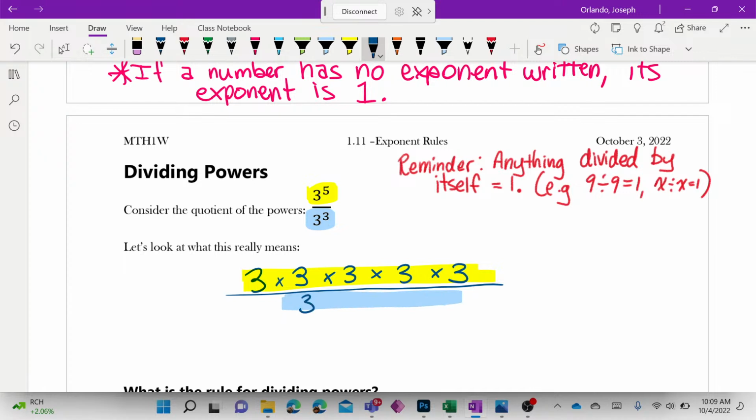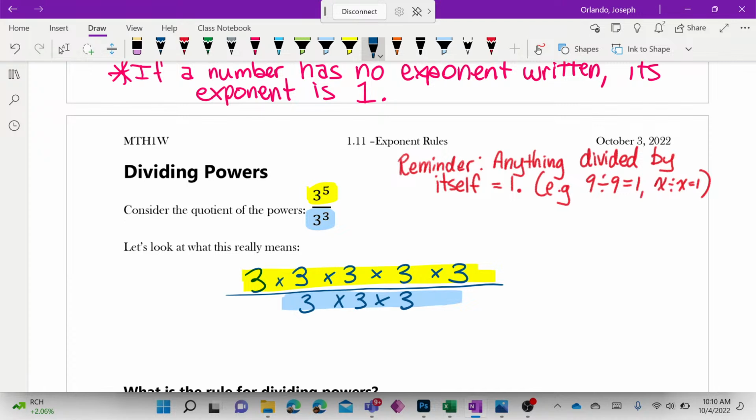Okay. Now, all we have here is multiplying and dividing. But multiplying and dividing you can do in any order you want, which means instead of going 3 times 3 times 3 times 3 times 3 divided by 3 divided by 3 divided by 3, I could say 3 divided by 3. But what's 3 divided by 3 equal? 1.